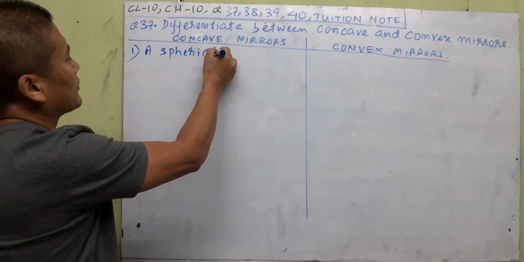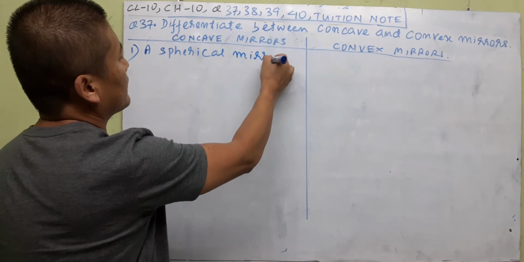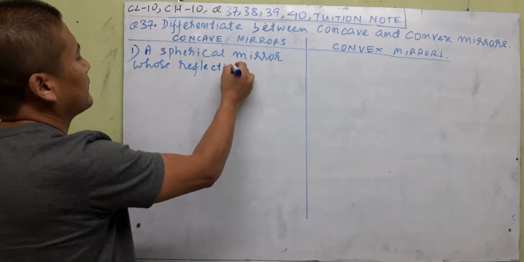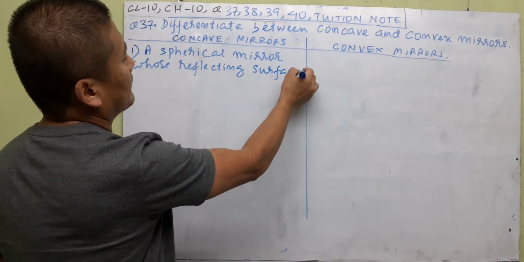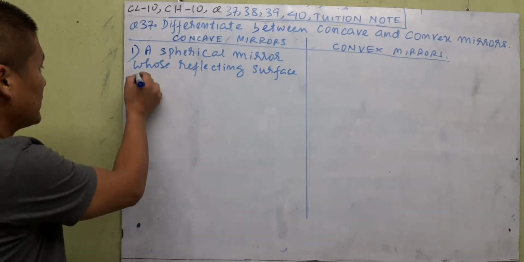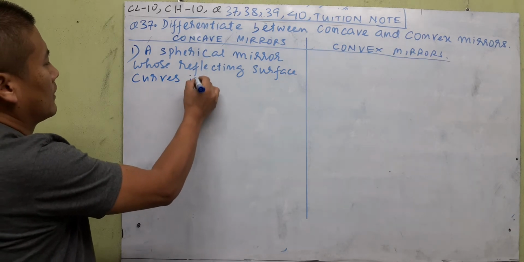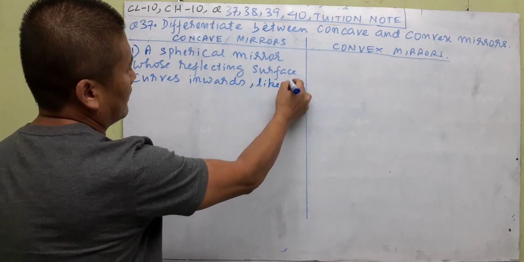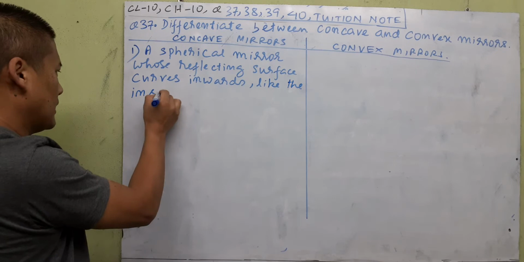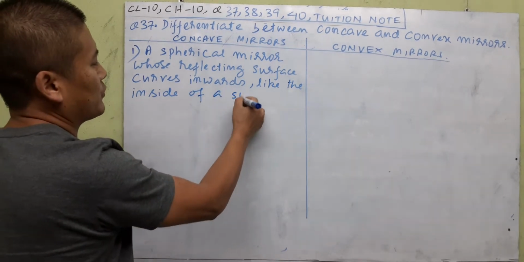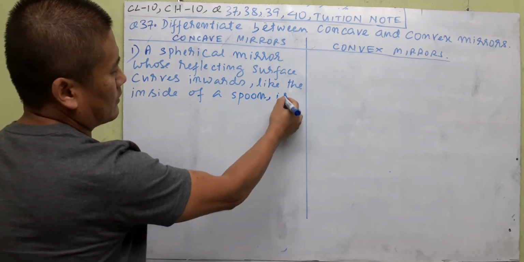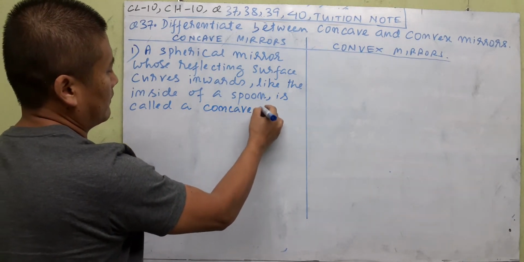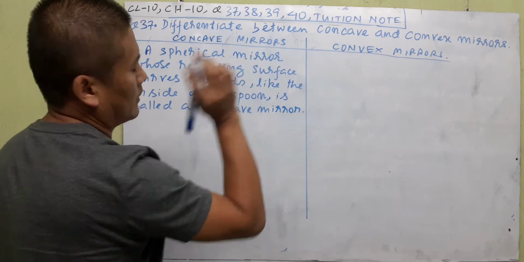Let's write down: a spherical mirror whose reflecting surface curves inwards, that means inside, like the inside of a spoon, is called a concave mirror. Write that one difference.